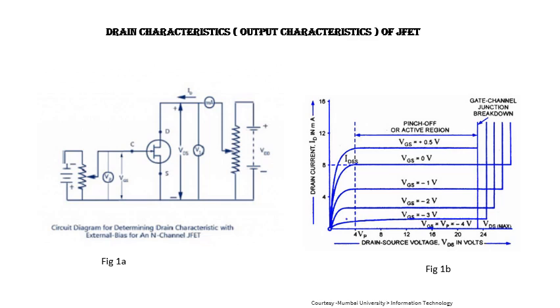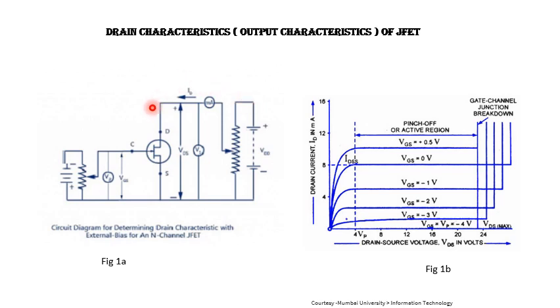In the last video, we discussed the construction and the main properties, formation of depletion layer in a junction field effect transistor. Now we will discuss the drain characteristics, which are also called output characteristics of junction field effect transistor or JFET.